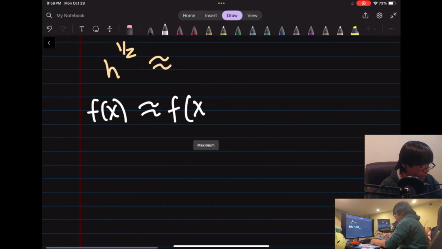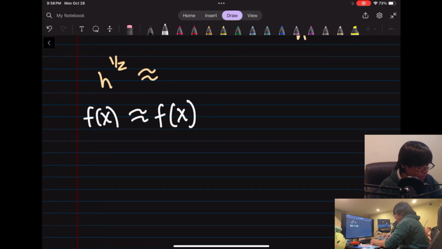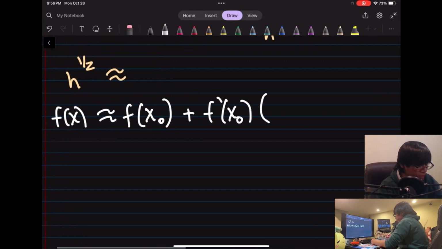So when we have our Taylor series expansion, we do it about a certain point, so x0 maybe, and then we add to that initial value the slope, so the derivative of our function at that point, times how far we change from our initial center point of expansion.